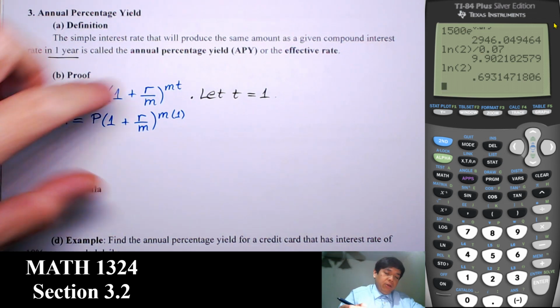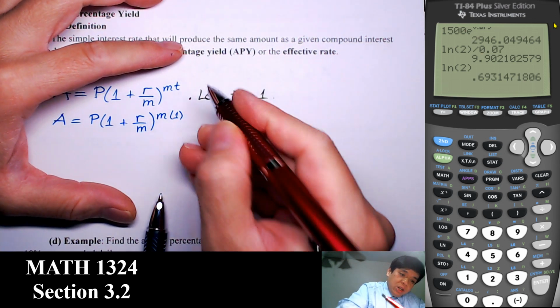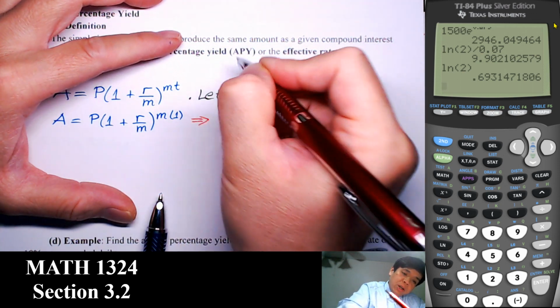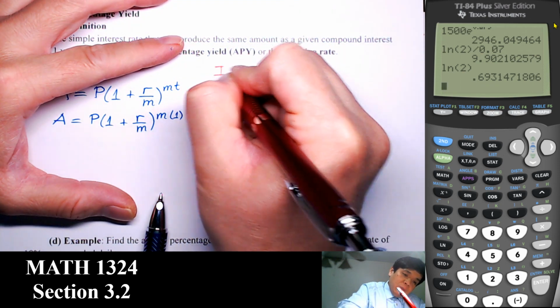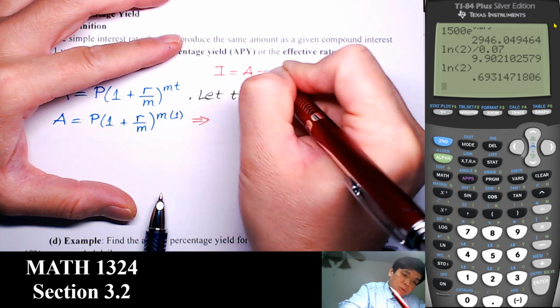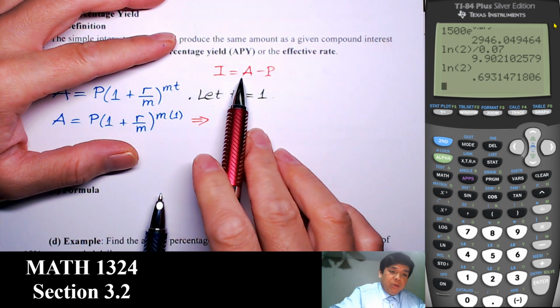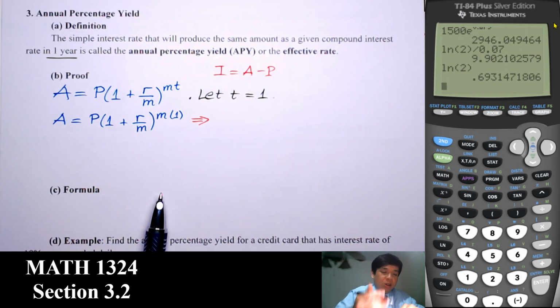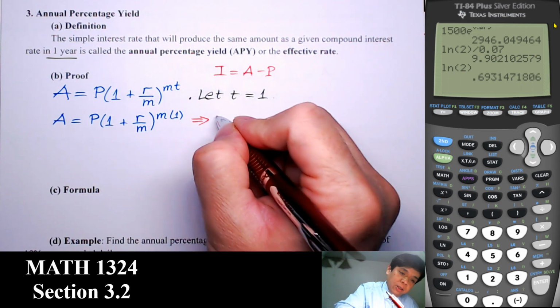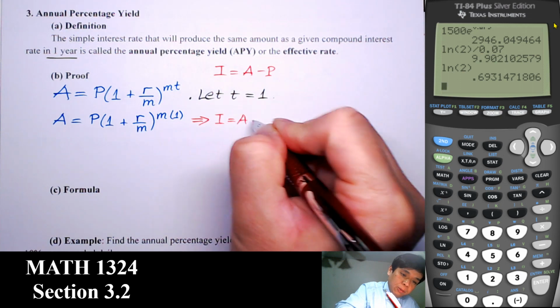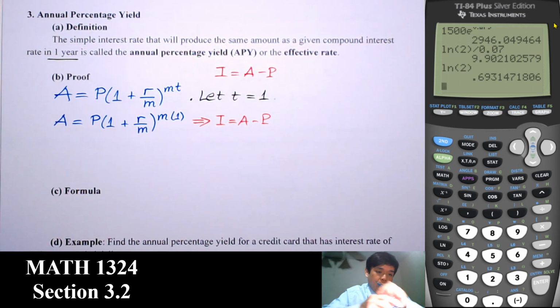So that is the future value. If we just want the interest, remember in general the interest is equal to the future value minus the principal, right? What we have in the future minus what we have now will be the interest. So we take A minus this.